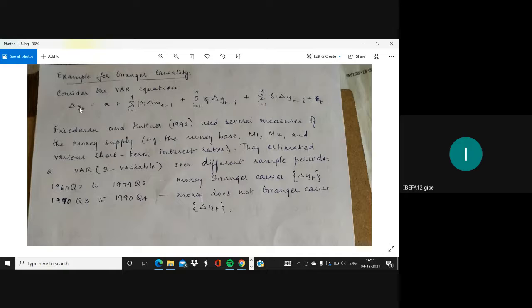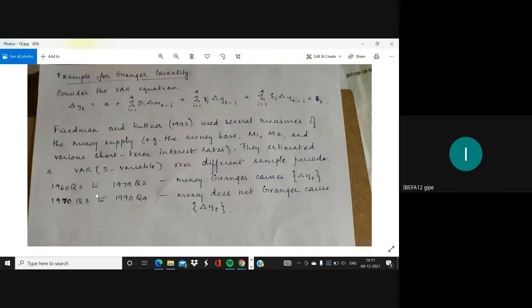This is the change in GDP. And this is the change in money supply, since delta is appearing here on both sides. So they were testing to see whether these lagged values of changes in money supply should be appearing in the GDP equation.